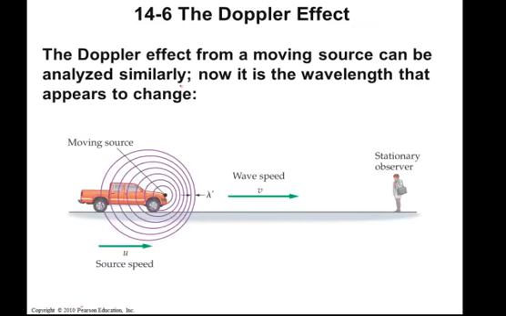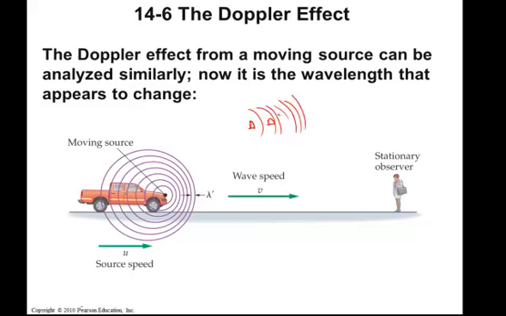This slide says the Doppler effect from a moving source can be analyzed similarly. Now it's the wavelength that appears to change. Here is the stationary observer, here is the source, and notice this source is putting out waves. So let's say this is my siren. It's putting out sound waves. As it moves, so let's say it's right here now, it's going to emit new sound waves.